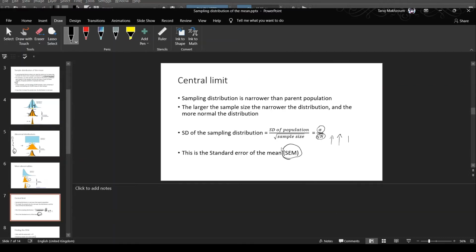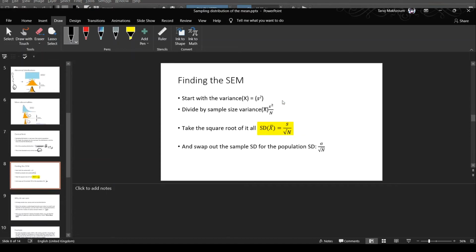So basically, the standard error of the mean is just a standard deviation, but for sample means rather than for a population. And so this is a calculation just to find the standard error of the mean. So we start with the variance, and then we divide that by the sample size.